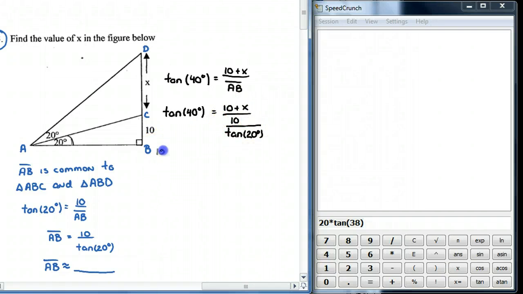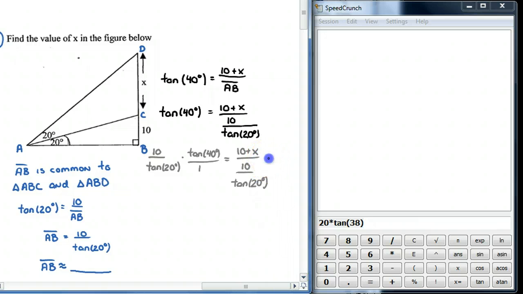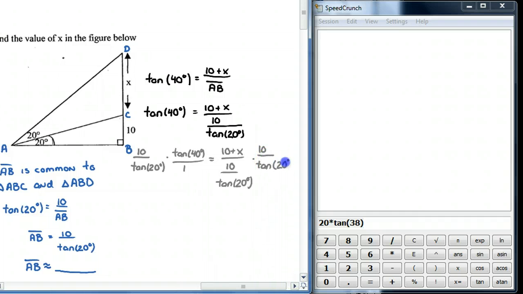So I'm going to get 10 over tan 20 degrees times tan of 40 degrees over 1 is equal to 10 plus x over 10 over tan 20 degrees times 10 over tan 20 degrees. Now you might be wondering why I wrote this in gray.